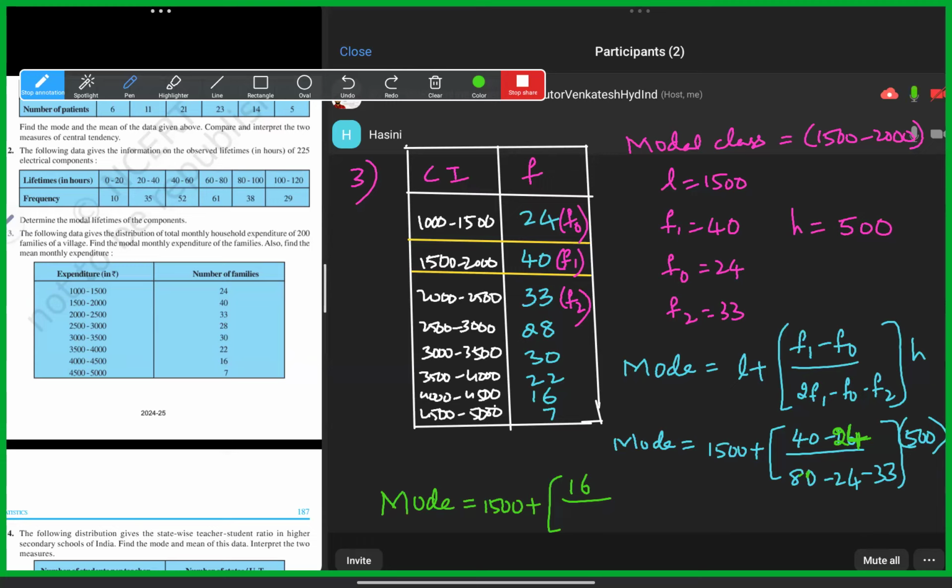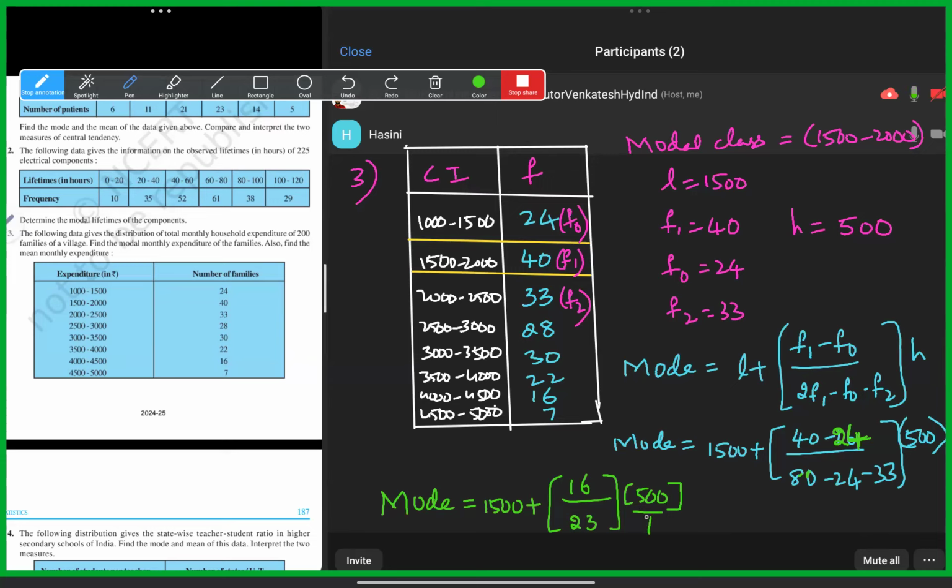Okay, Hasmi. 56 minus 33 is 23. You also got the same answer, Hasmi. Yes, sir. So now we cannot cut 23 with 500, Hasmi.